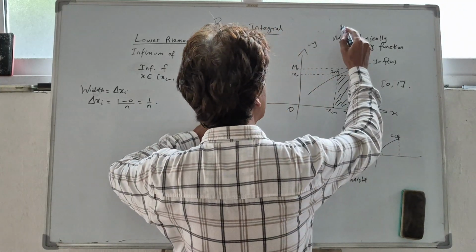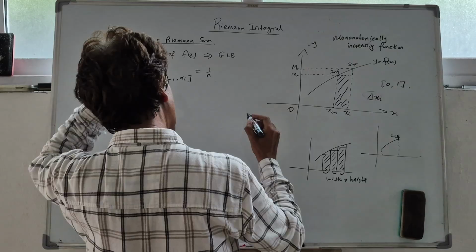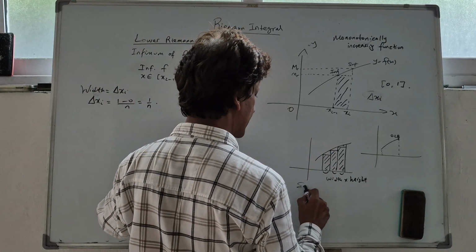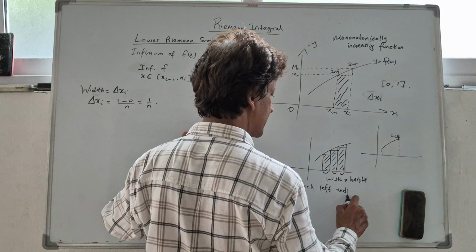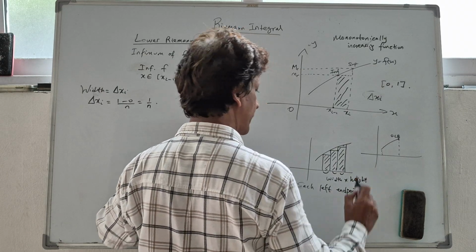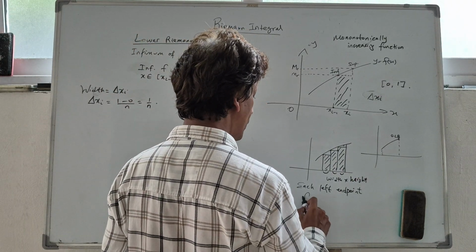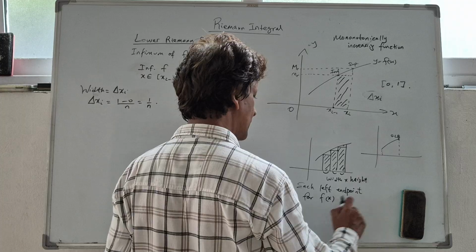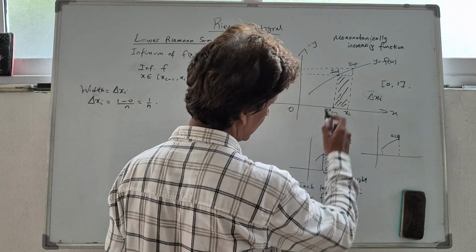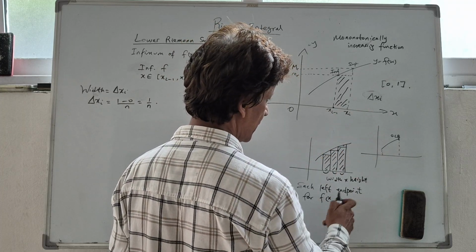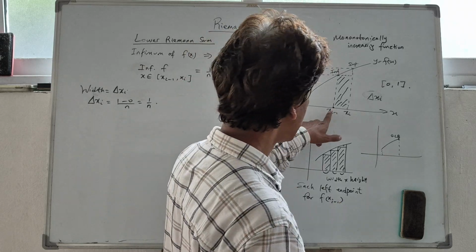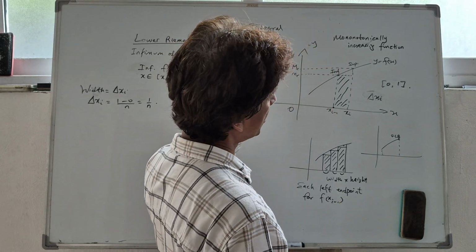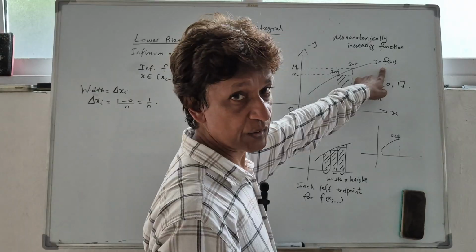So you're going to take each left endpoint for f(x), here it's f(x_{i-1}). You're going to take this value here and substitute it into this function, whatever that function may be.